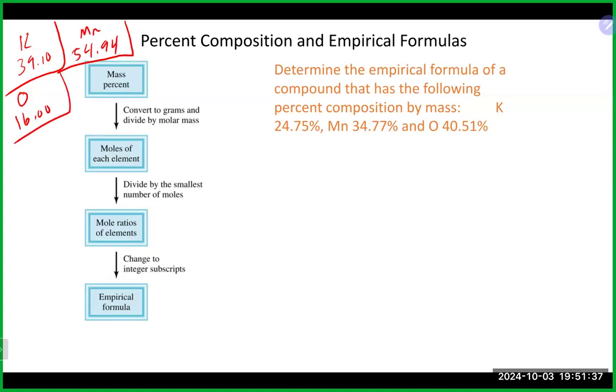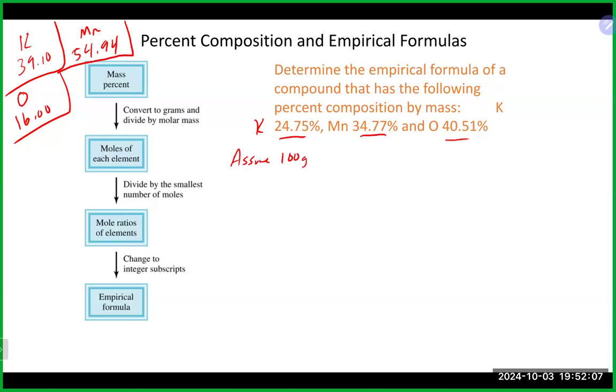Okay, let's take a look here and see what we need to do. So obviously, the first thing you probably want to do is take a quick look at the percentages. And again, you want to make sure that it does equal 100%. And if it doesn't equal 100%, then you are definitely missing something along the way. In this case, we do have about 100%, so we could assume 100 grams.